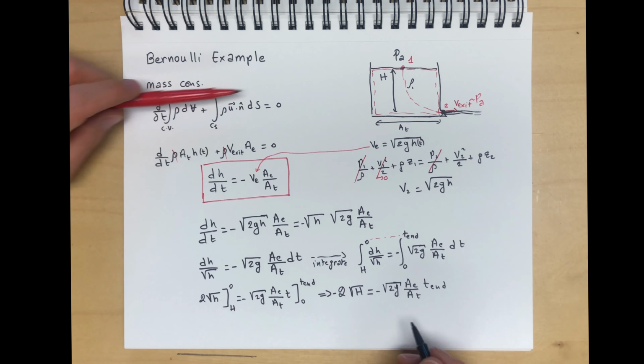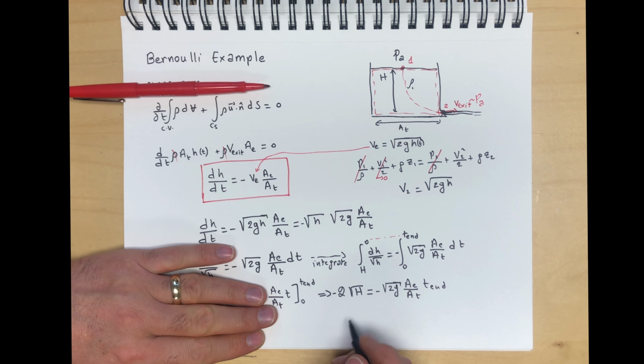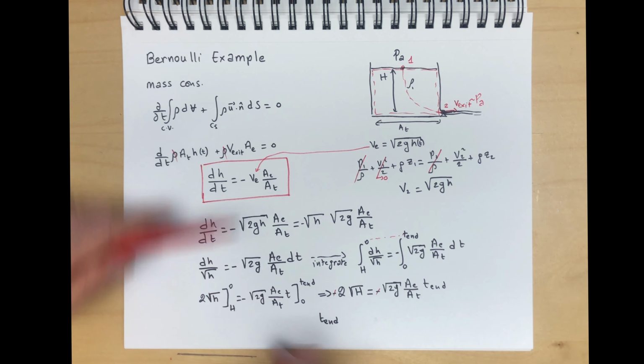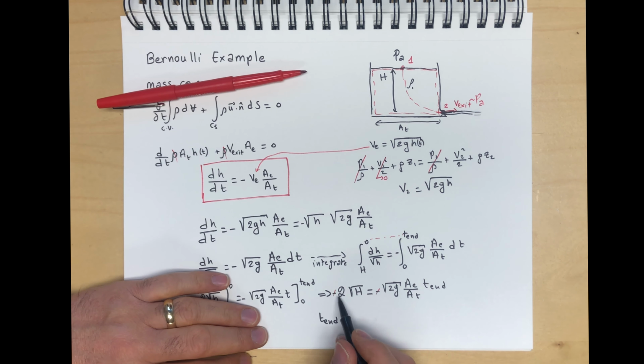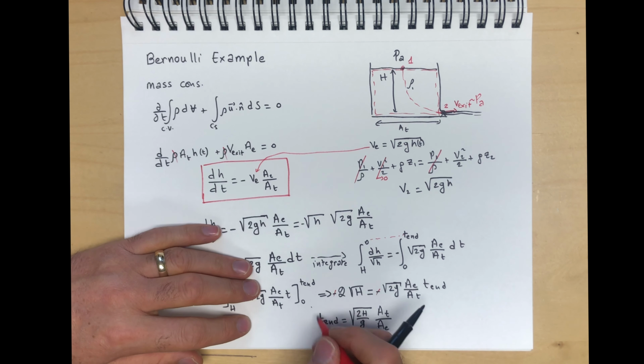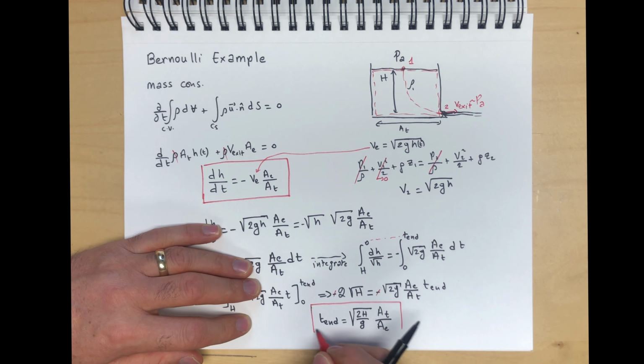We can use this to solve for t end. Just doing some jumbling around, the negative signs become a positive sign, and 2 over the square root of 2 becomes the square root of 2. And t end is equal to the square root of 2H over g times A tank over A exit. That is the time it takes to empty the tank.